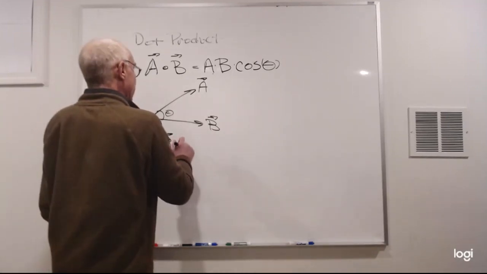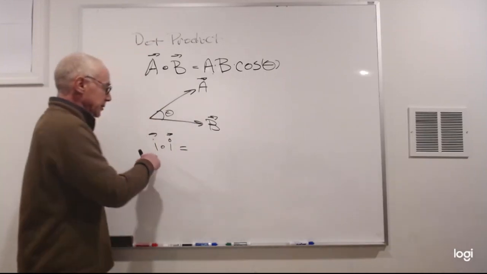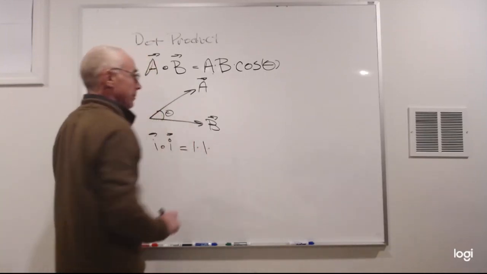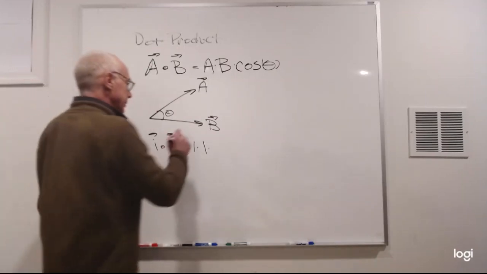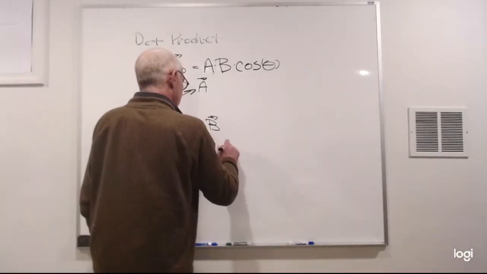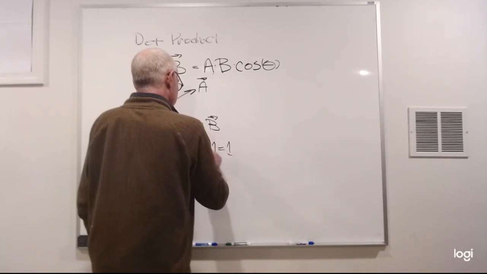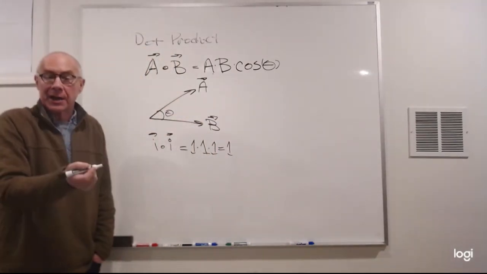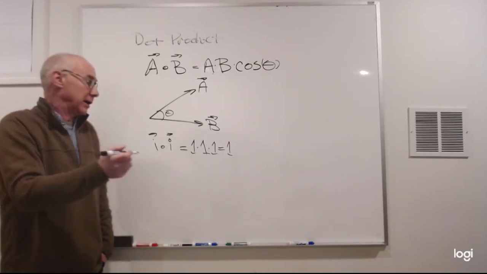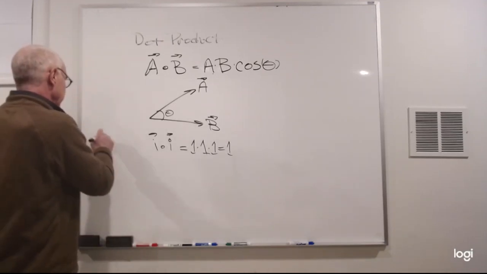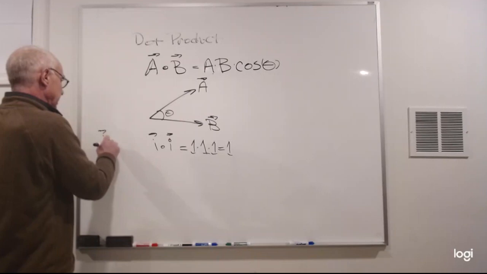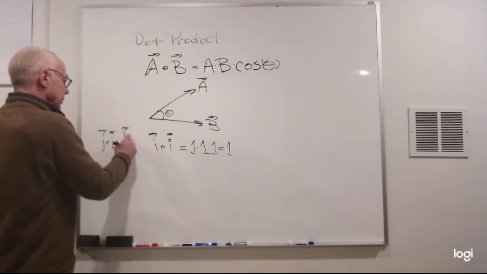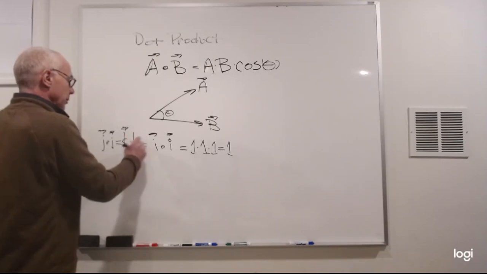So i dot i equals the magnitude of i, which is 1, times cos theta, which is 1. So that equals 1. All right? So i dot i equals 1. Likewise, j dot j equals 1. k dot k equals 1. I write that here just so we remember it. j dot j equals k dot k equals i dot i.